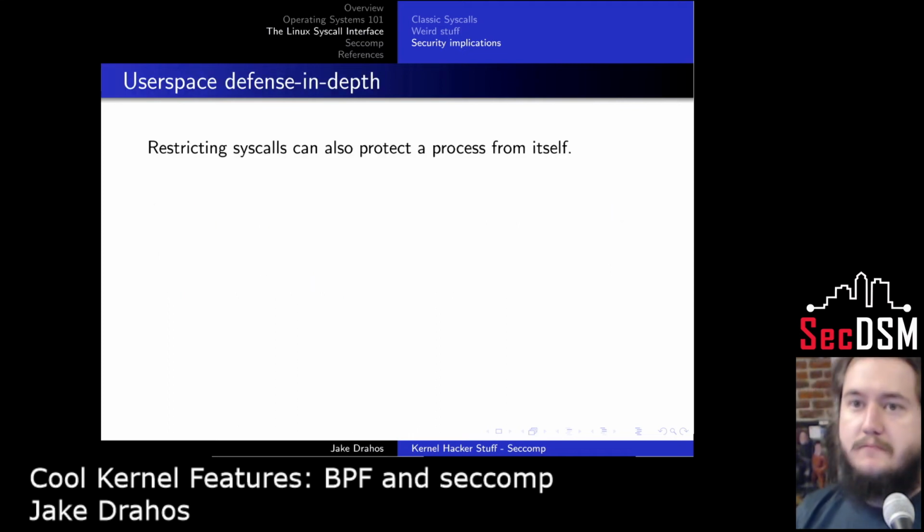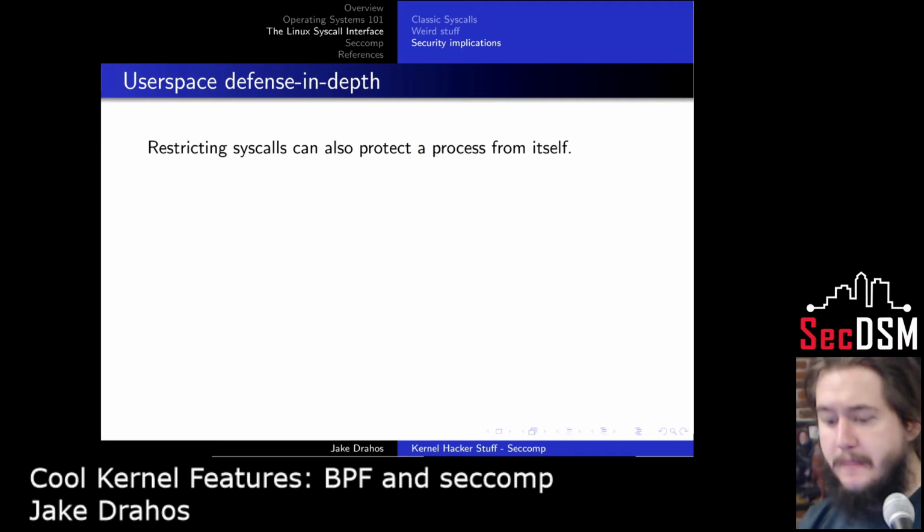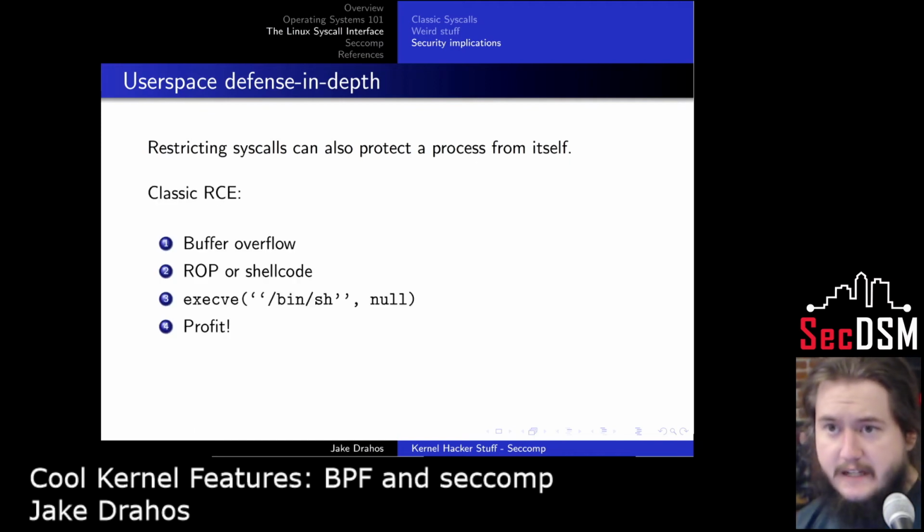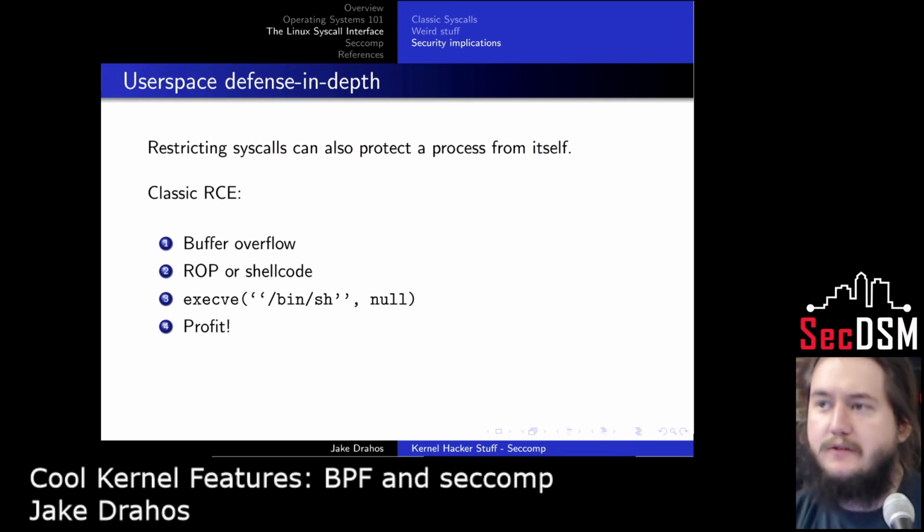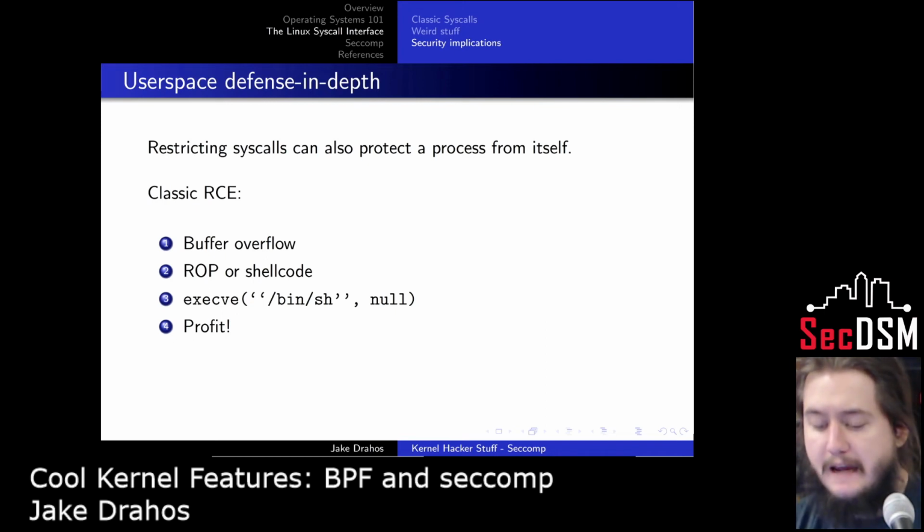There are also some concerns for defense in depth, from just a user space perspective, preventing a process from doing anything unexpected. For example, in your classic remote code execution in a process after a buffer overflow, you wind up executing some unplanned code, or executing code in an unplanned way, eventually making an execve syscall of some sort to launch a new process or change the currently executing process and get a shell and do all the evil things.